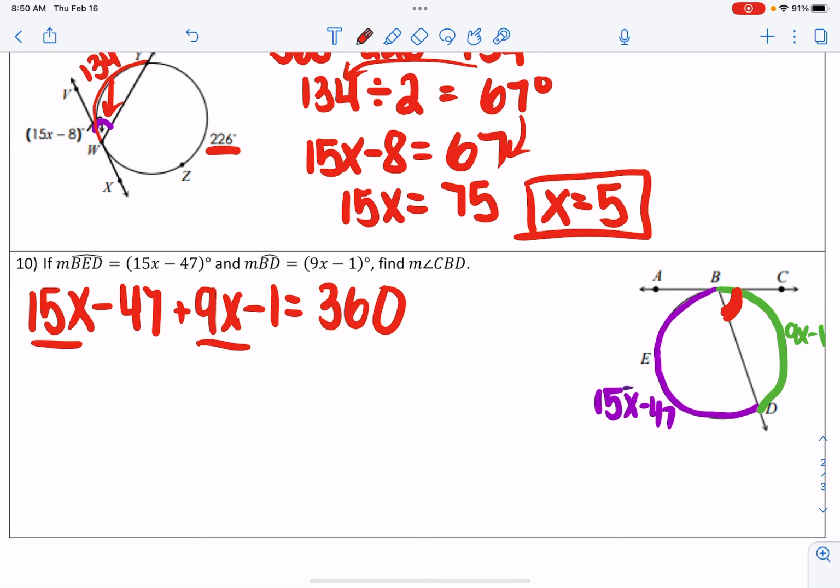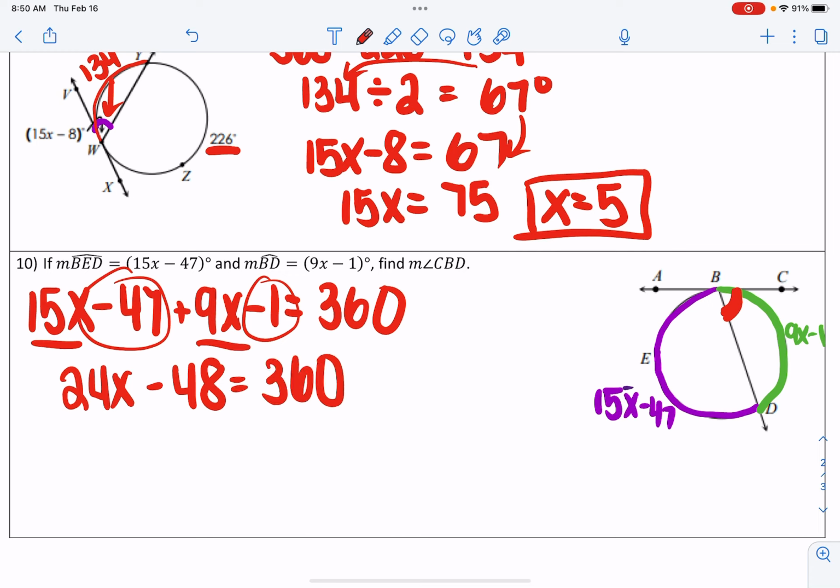You're going to get 24x, and then minus 47 minus 1 is minus 48, and that's going to equal 360. Okay. From there, you're going to add 48 to both sides. You get 24x equals 408. Okay. And then divide by 24, you're going to get x is 17.